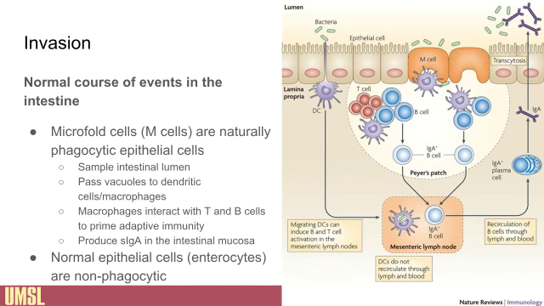So M cells are surveying, they're bringing things up in vacuoles, they're essentially spitting stuff out to these dendritic cells, which then naturally take these things up, process what's been taken up, and present it on MHC, or major histocompatibility complex class 2 receptors, right? And they're presenting antigens. And what's also present underneath this epithelial layer are T cells and B cells, and they're essentially waiting to be presented things all the time by dendritic cells that are sitting just underneath these M cells. And so we're constantly surveying what's there.